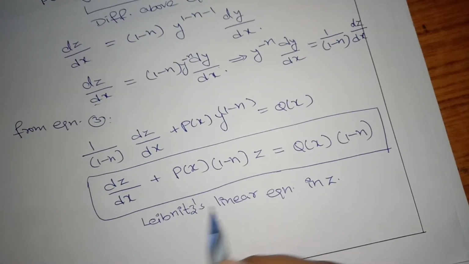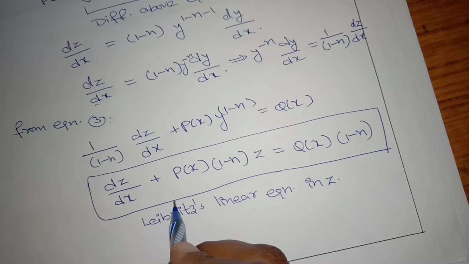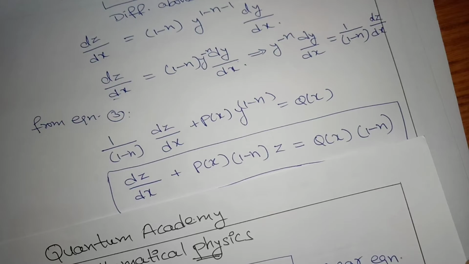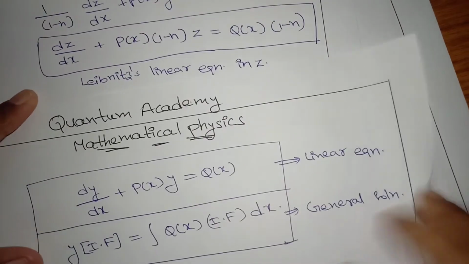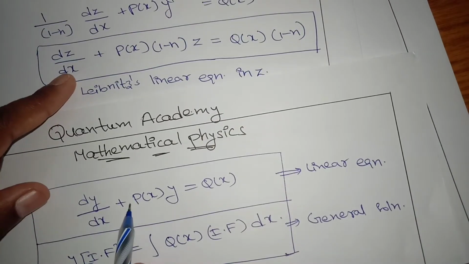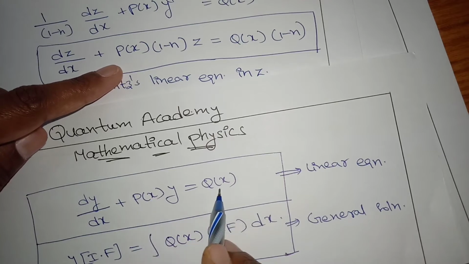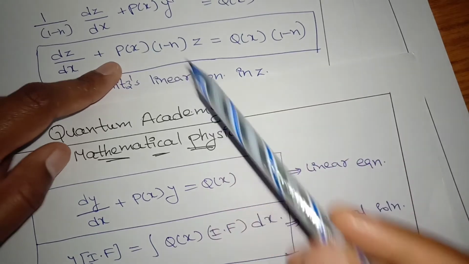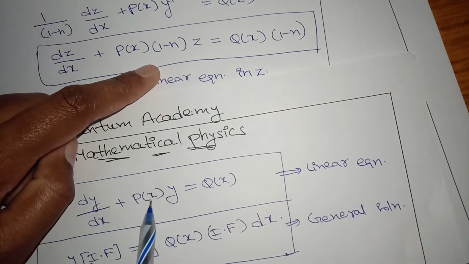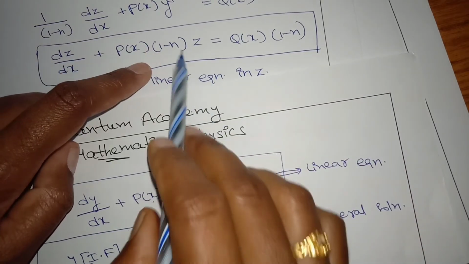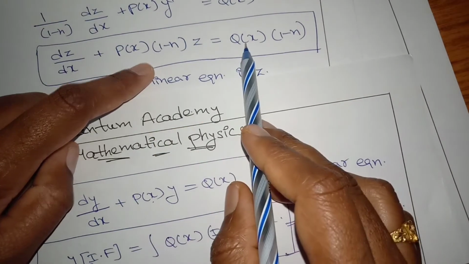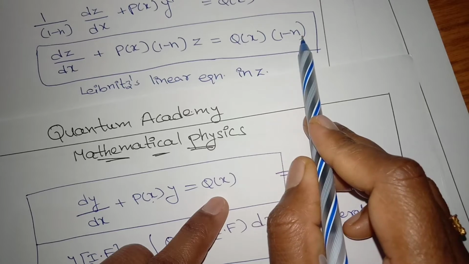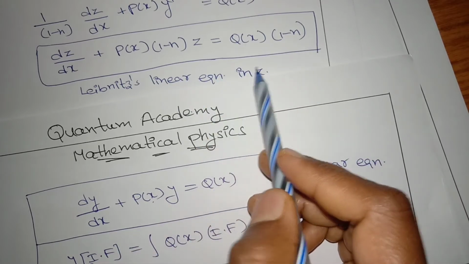Now compare this equation with linear equation. See, what is linear equation? dy by dx plus p of x y equals to q of x. Here we have dz by dx plus p of x into 1 minus n z equals to q of x into 1 minus n. In place of p of x we have p of x into 1 minus n, and in place of q of x we have q of x into 1 minus n, in the Leibniz linear equation in z.